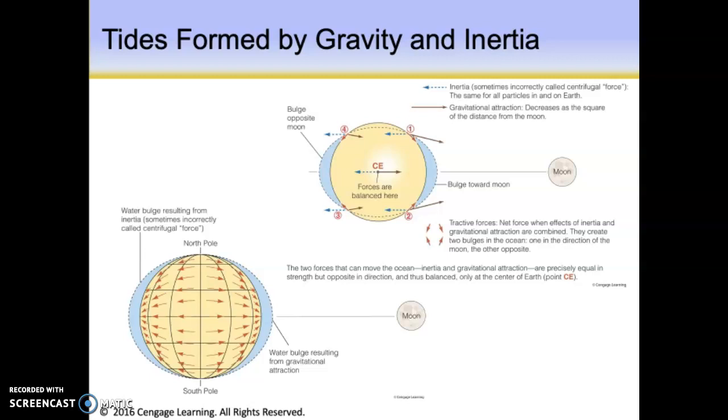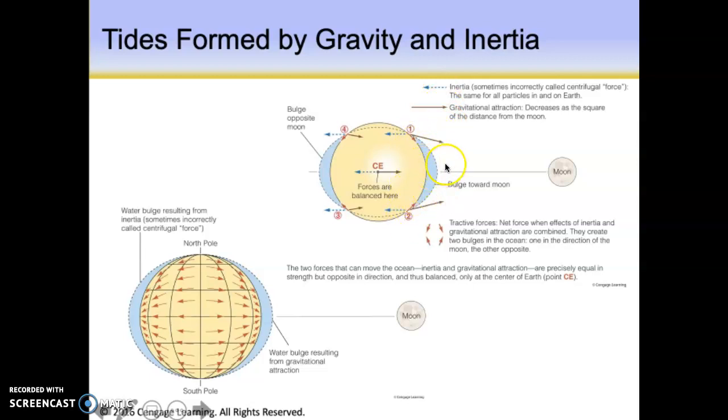If you like science diagrams with force arrows, the force arrows are shown here in blue, brown, and red. The way force arrows work is the brown arrow is gravitational attraction, the blue arrow is inertia, and when you add the force arrows together you get the red force arrow.